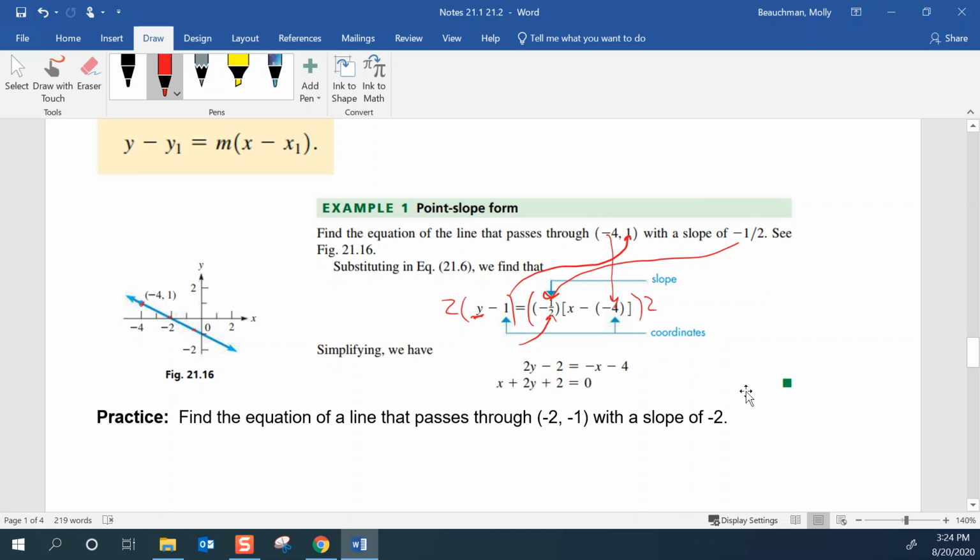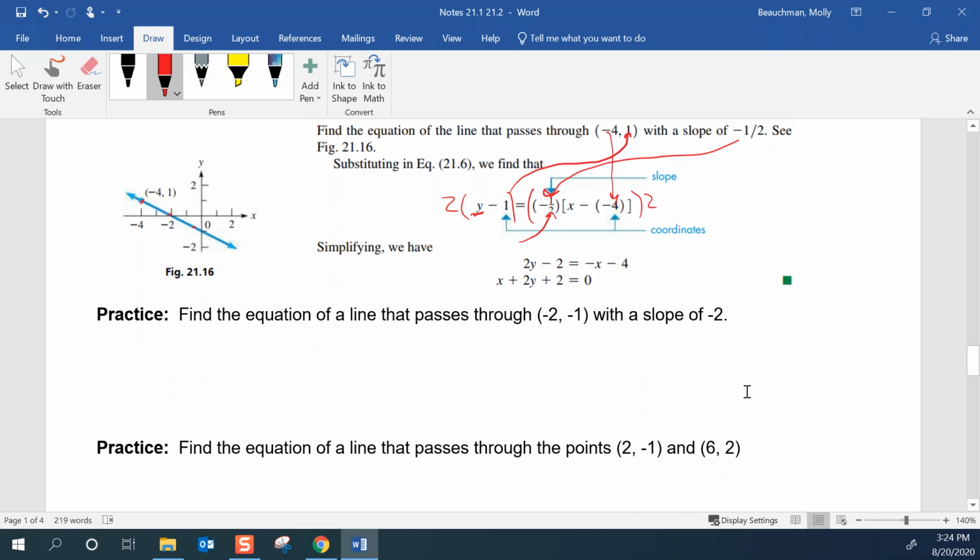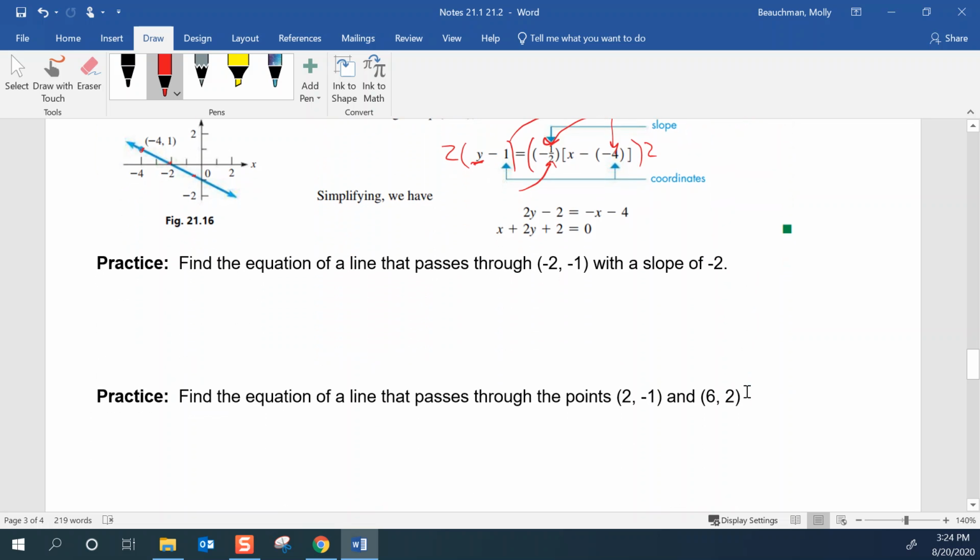Okay. So for practice, we're going to take a look at finding the equation of a line that passes through -2, -1 with a slope of -2. So start with your point-slope form, y minus y1 equals m times x minus x1. Substitute your x1, y1 values. Y is the variable.